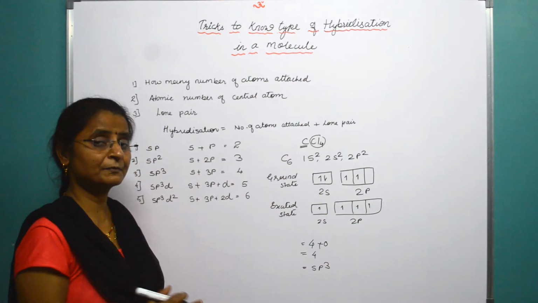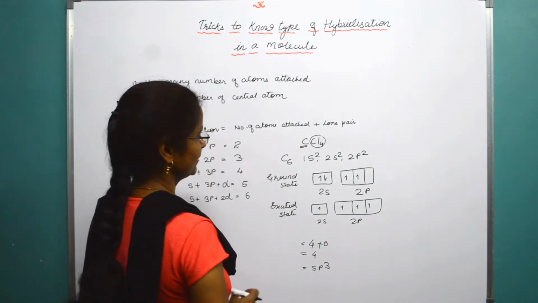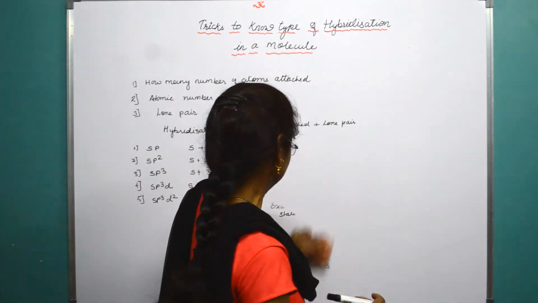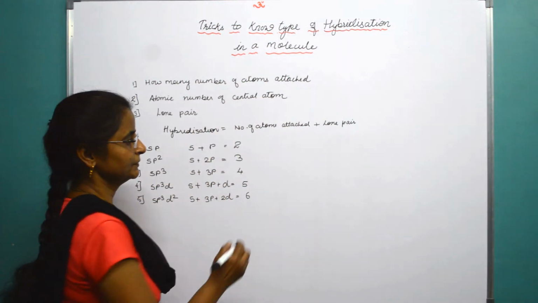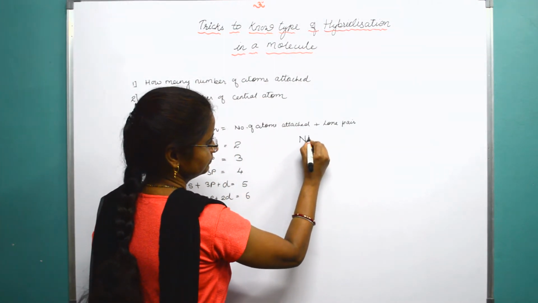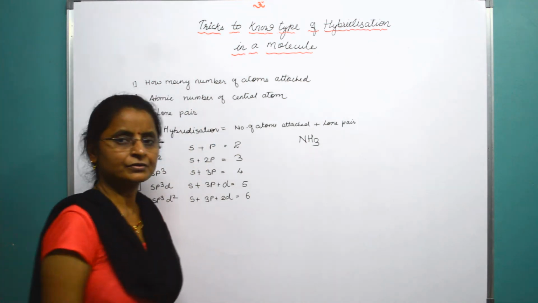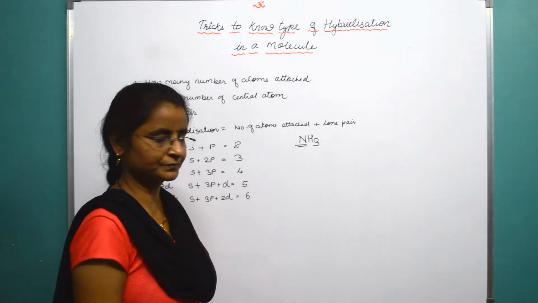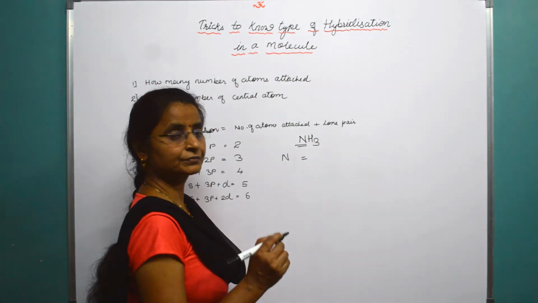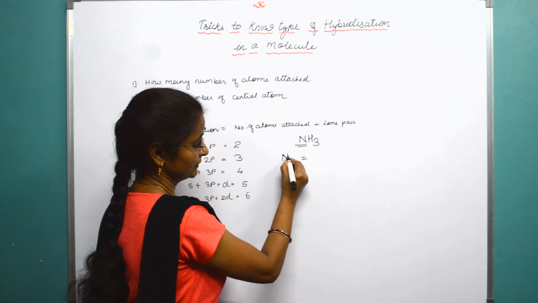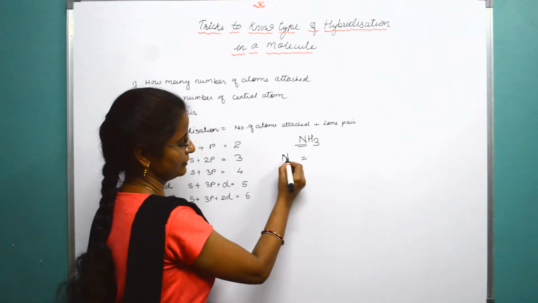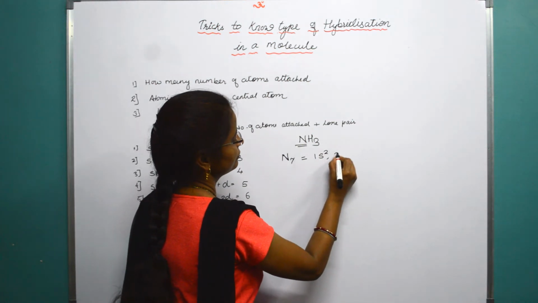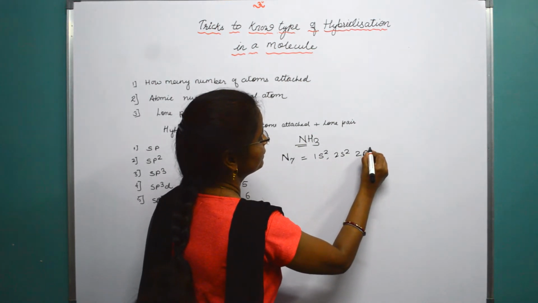Now take one more example where a lone pair of electrons is present. The next example is NH3. Here nitrogen is the central atom. The atomic number of nitrogen is 7, so the configuration is 1s2, 2s2, 2p3.